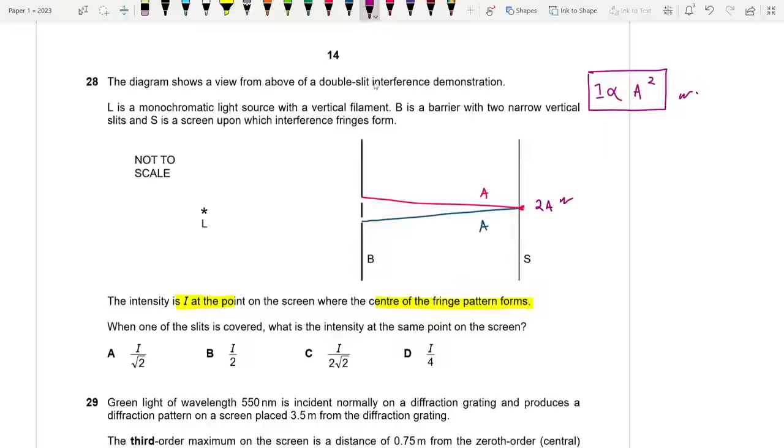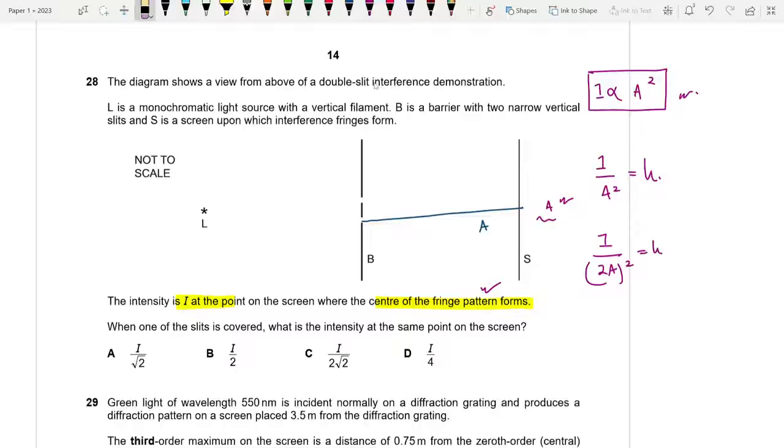So what is the initial one? Let's check what I actually is. For this scenario, since the amplitude is twice A, because both of them are adding up, intensity divided by amplitude squared is a constant. So I divided by (2A) squared is a constant when the central fringe was being formed. Now if we cover one of them, what is the amplitude over here?